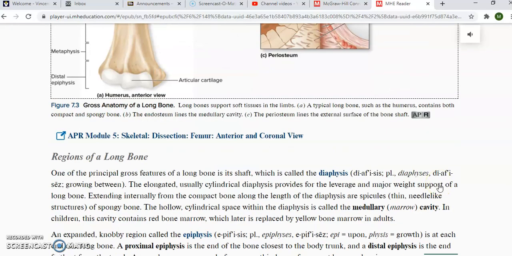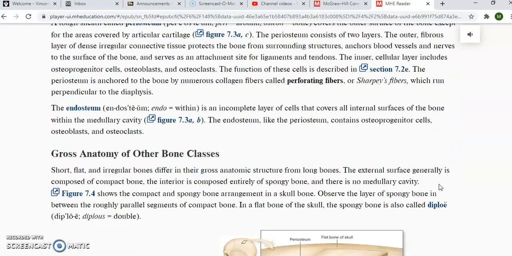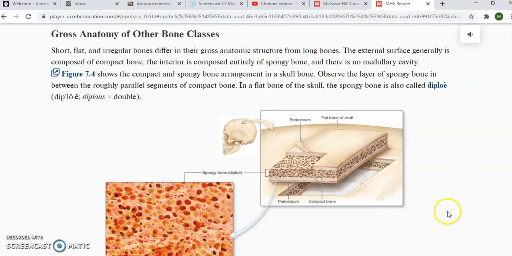So I'm going to slide down here. What they're going to show is a lot of the other shapes of bones, our short, flat, and irregular bones. Those differ a little bit in how their gross anatomy works.